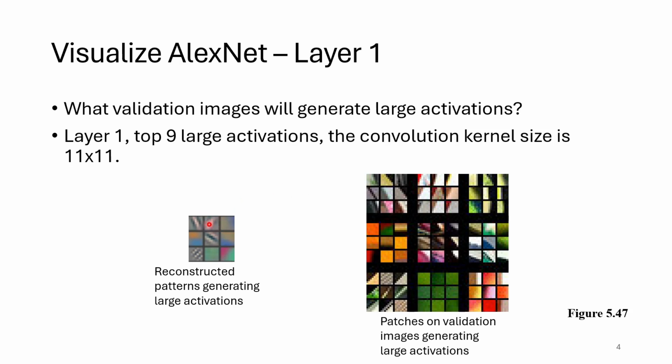Similarly, for the second one, they will find those real-world patches. So it shows that in the first layer, the network looks at or pays attention to edges.